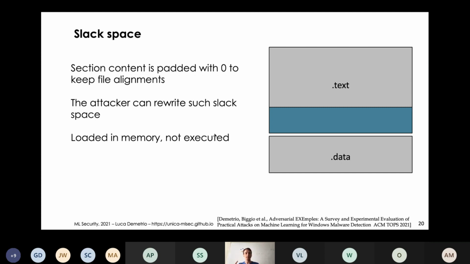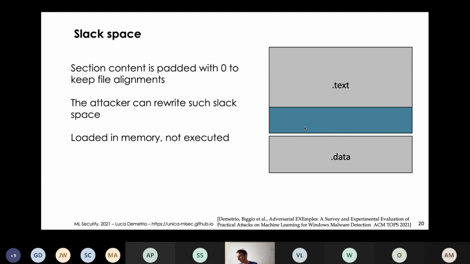So the slack space is basically a portion of content that is appended to each section in order to maintain the alignment, because the loader is picky and always wants the content to be aligned to what it says to be. So in order to maintain this, basically these are all zeros. But guess what?